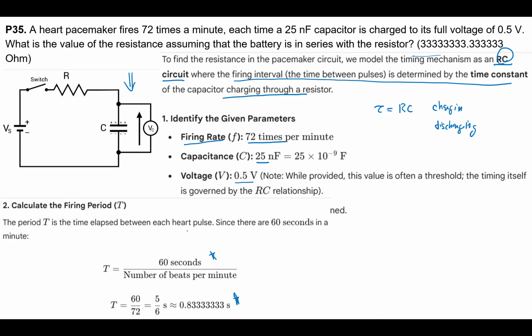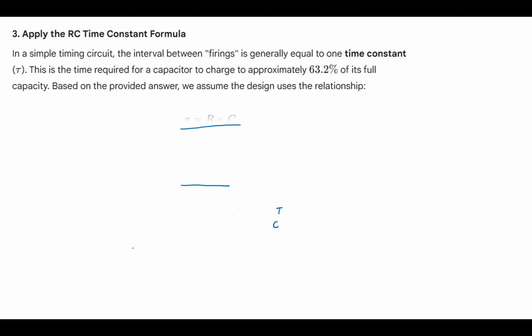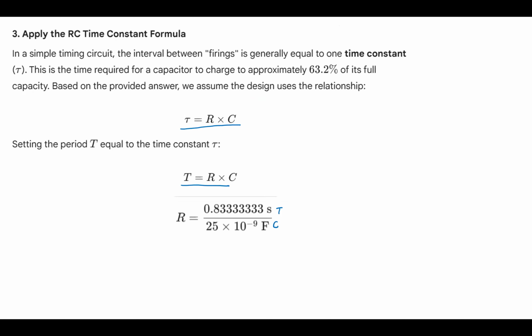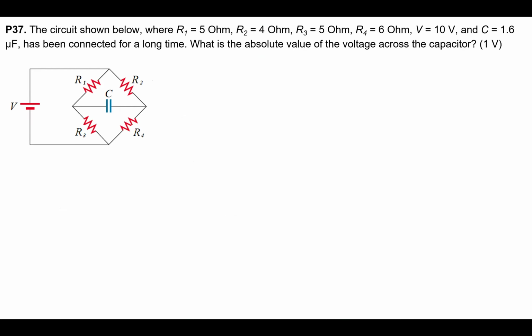So what we have found is that the time interval, we set it as the same as R times C, okay? And then R is given by T over C, okay?